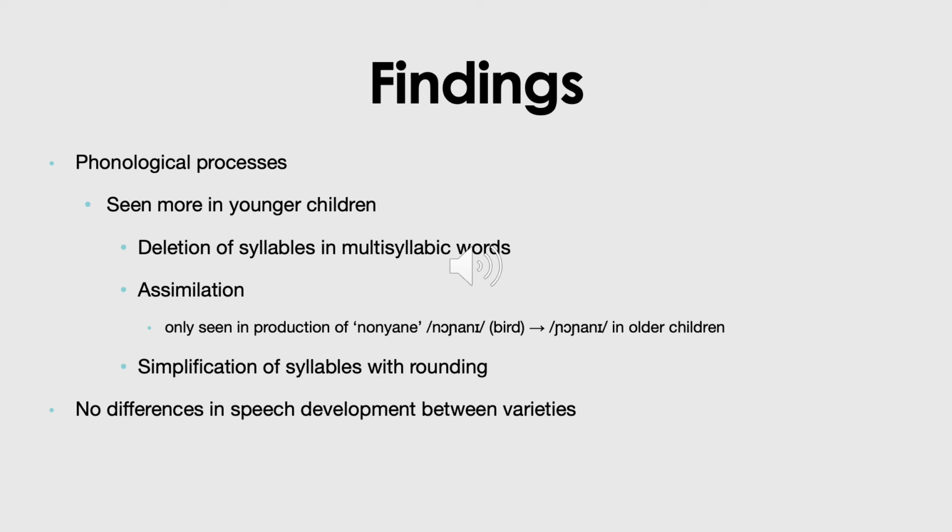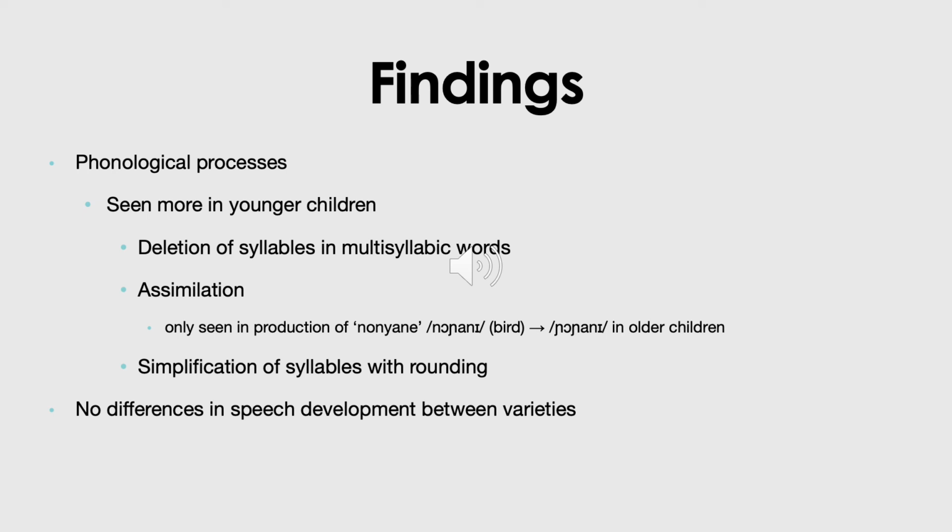Now, going back to phonological processes that were seen in Setswana-speaking children, these included deletion of syllables in multisyllabic words, assimilation, and simplification of syllables with rounding, all of which disappeared by 6 years and 5 months.